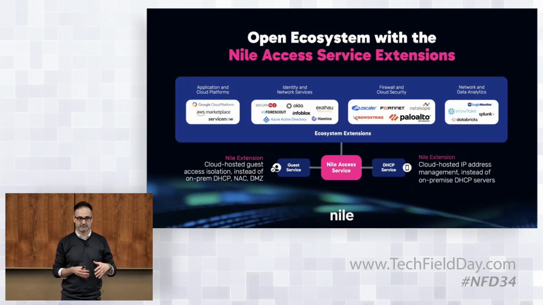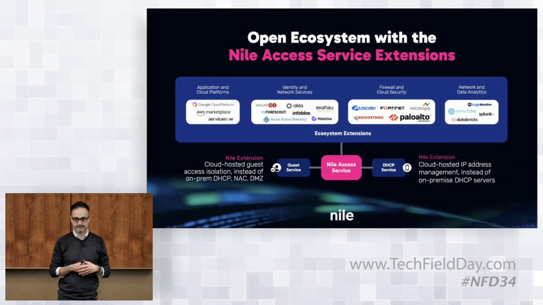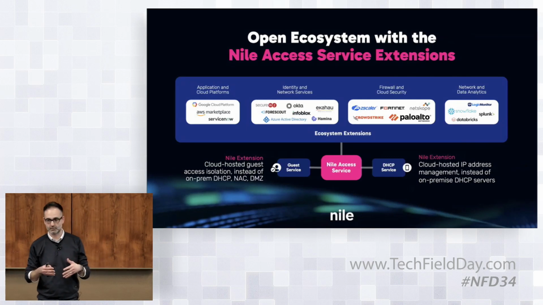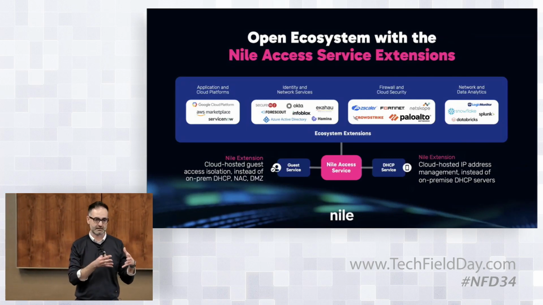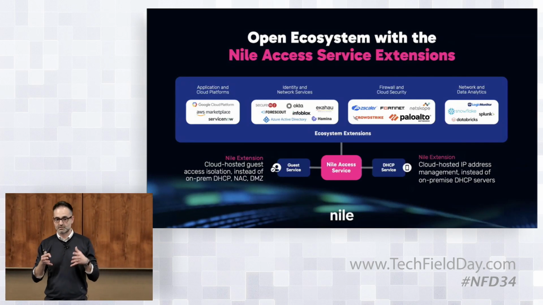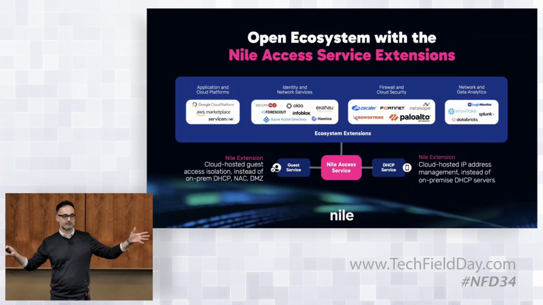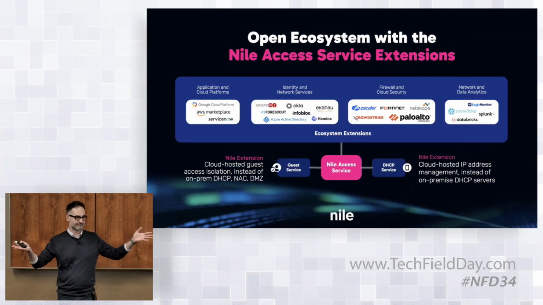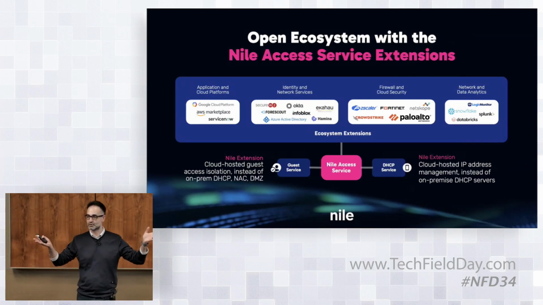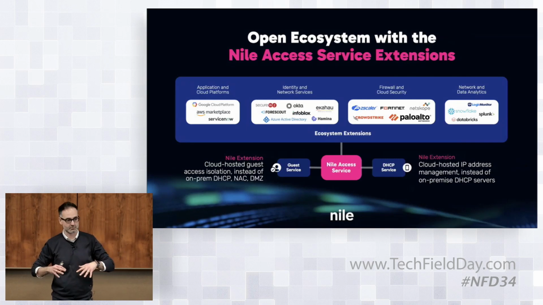It's one of the advantages for ecosystem partners, that they're dealing with a more deterministic system. So let's say that Palo Alto firewall version X integrates with Nile Access Service software release 2. Every customer of Nile runs software release 2. So the number of snowflakes in those integrations actually gets reduced quite often.